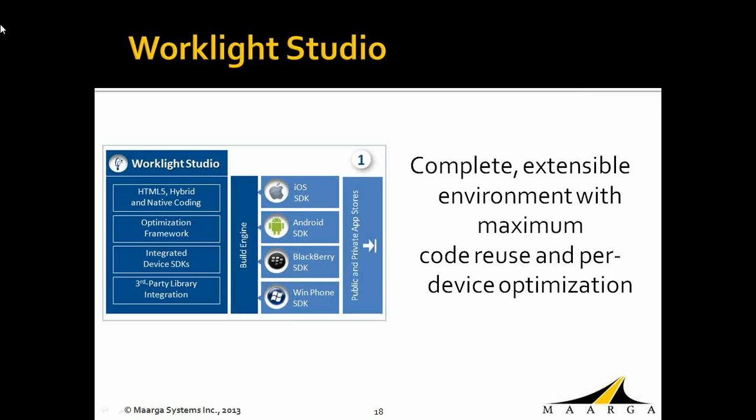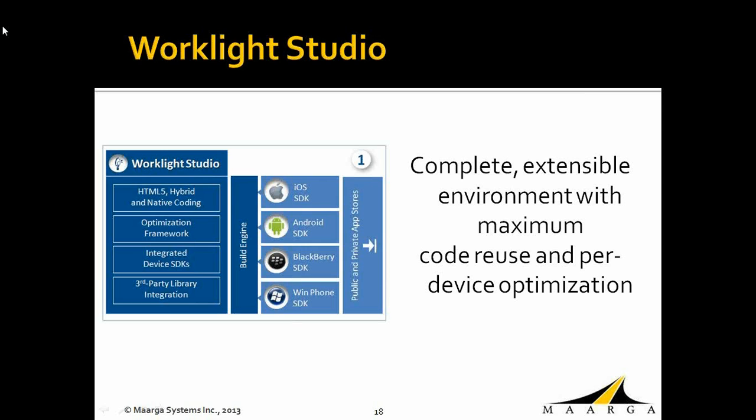The first part of the architecture that I want to talk about is something called the WorkLight Studio. The WorkLight Studio is an Eclipse-based integrated development environment, an Eclipse-based IDE. It allows the developers to perform all the coding and integration tasks that are required to develop a fully operational, application store-ready app.